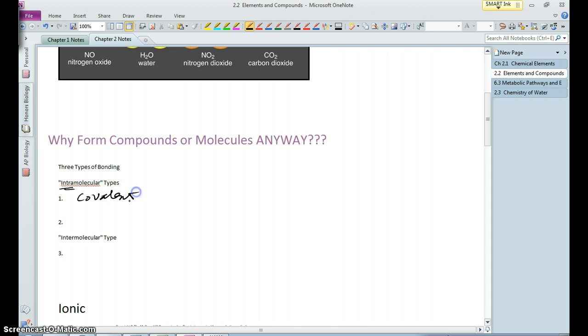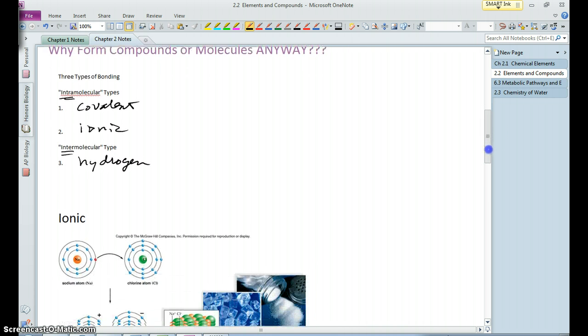And so we know that as covalent and ionic bonds. And then there are some that hold different molecules together. They're between molecules, intermolecular. And that's what we call the hydrogen bonds. All right, so let's look at those.